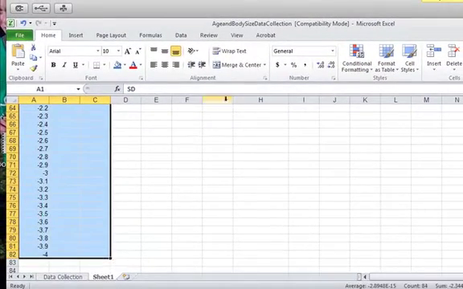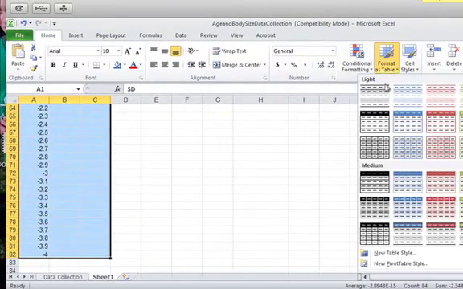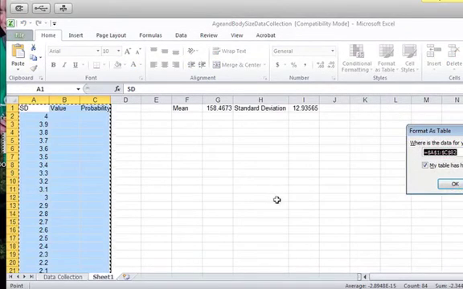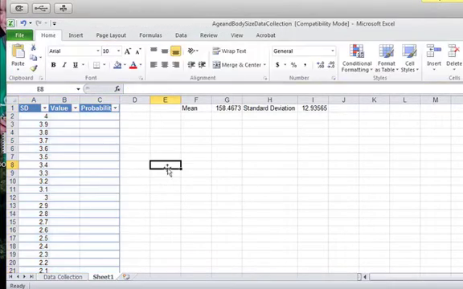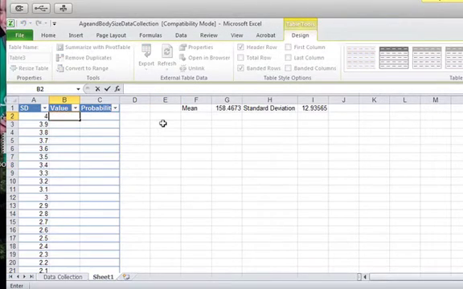So for my value, I'm going to put in equals 4 times, so we're calculating what's 4 standard deviations above the mean.